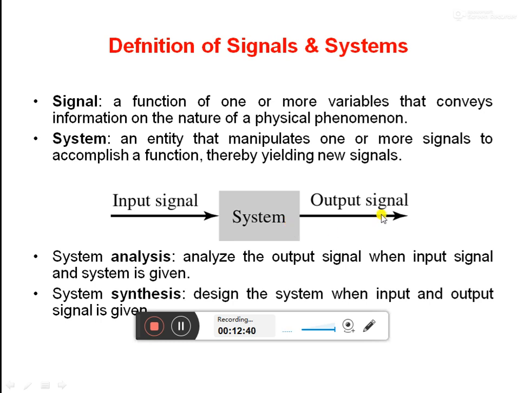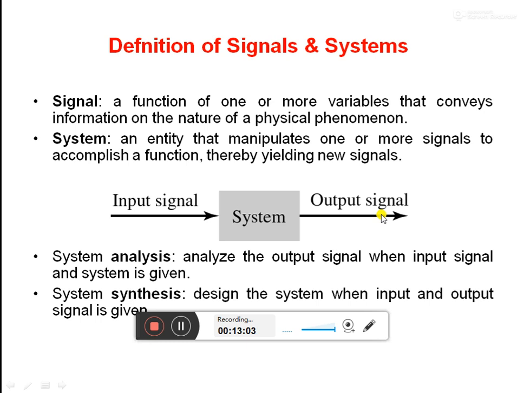Why a system is required: I have some information and it has to be transmitted somewhere, or I have a signal and I want to modify it according to my requirement. Then I need a medium where modification of the signal is done to generate a new signal which can be used as required.